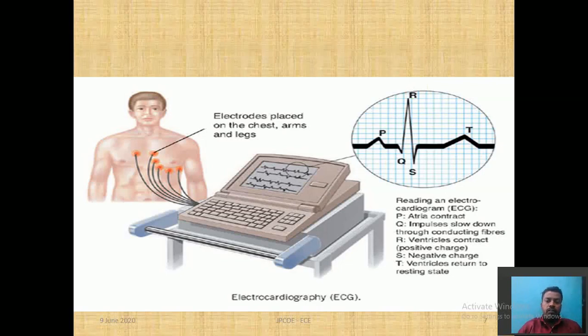Suppose the QRS amplitude is very small, it means the person is in a condition almost equal to death, that is, the heart cannot perform well. That indicates the heart is not performing well.